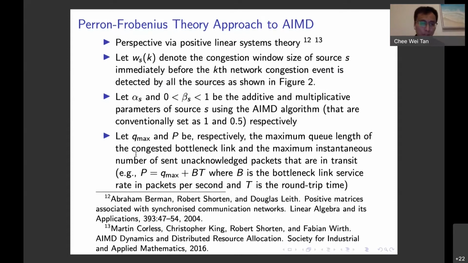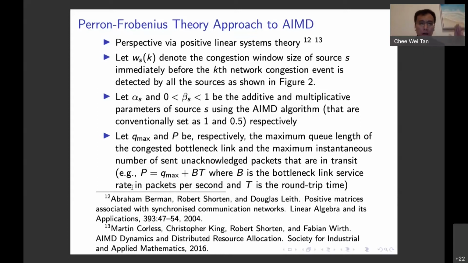This was the work done by Abraham Berman, who is a non-negative matrix theorist, and also researchers in Ireland, Douglas and also Robert Shorten. In the last 20 years, they also proposed in this same article to promote AIMD for many other applications, for example, electric car charging and so on.